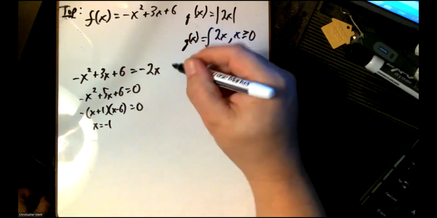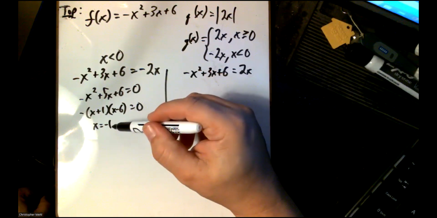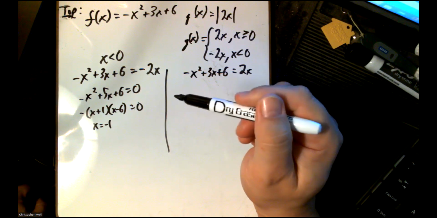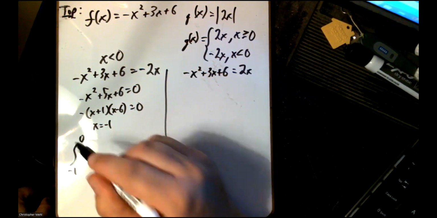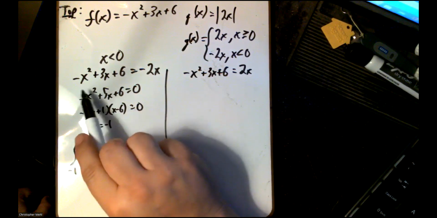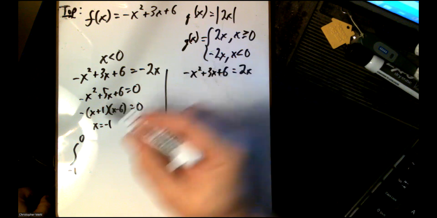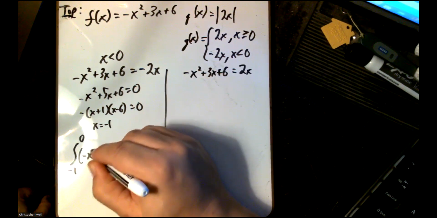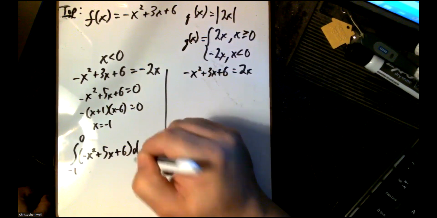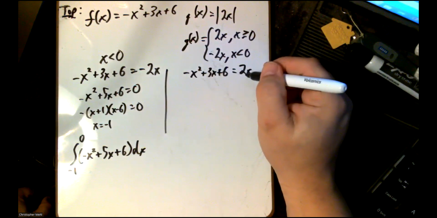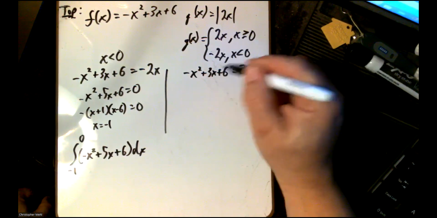Well, it's only this when x is less than 0, and so only x equals -1 is relevant. So the first part of my integral will be from -1 to 0. And I'm going to do f of x minus g of x on that part. That's going to work out to be the integral of negative x squared plus 5x plus 6 dx.